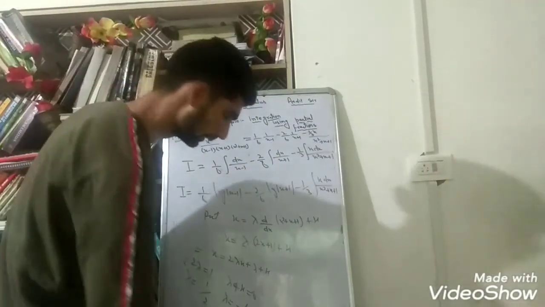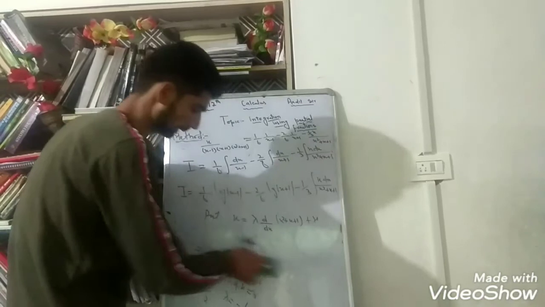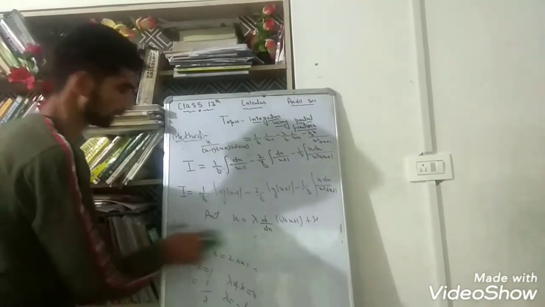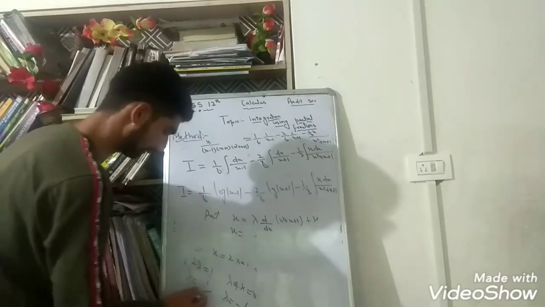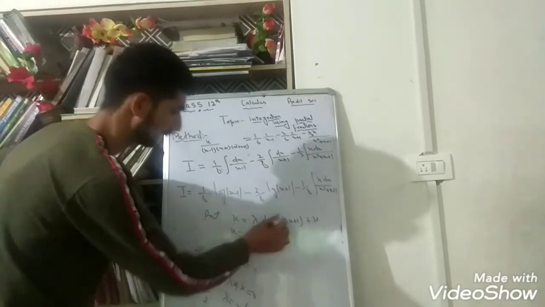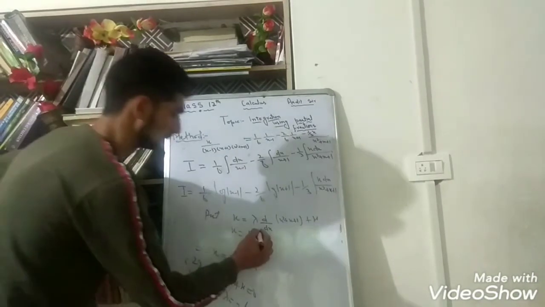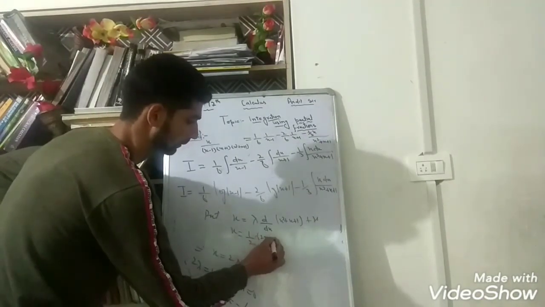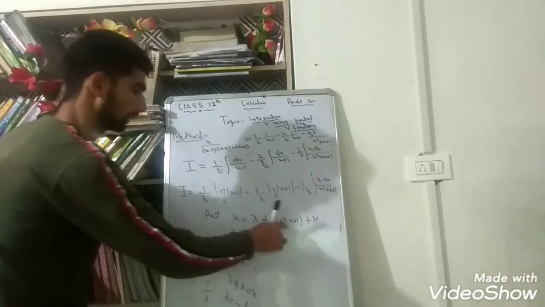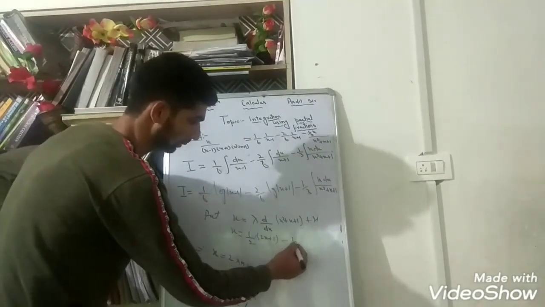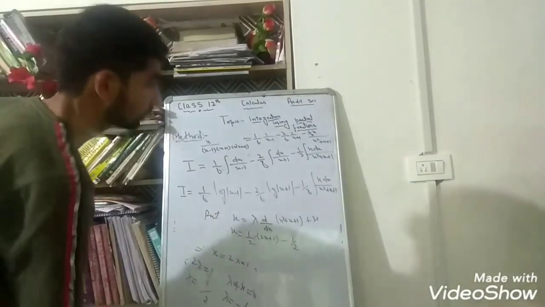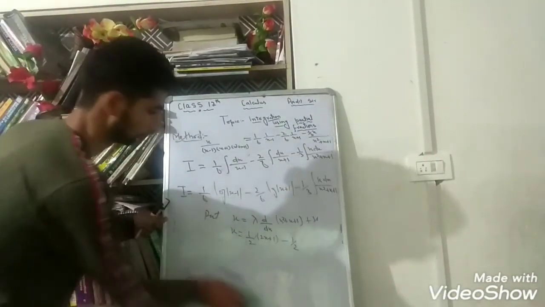So here our substitution will be x is equal to lambda, that is 1 divided by 2, and d by dx of this, that is 2x plus 1, and then plus mu, that is minus 1 divided by 2. We will substitute this to our integral and we will get the solution.